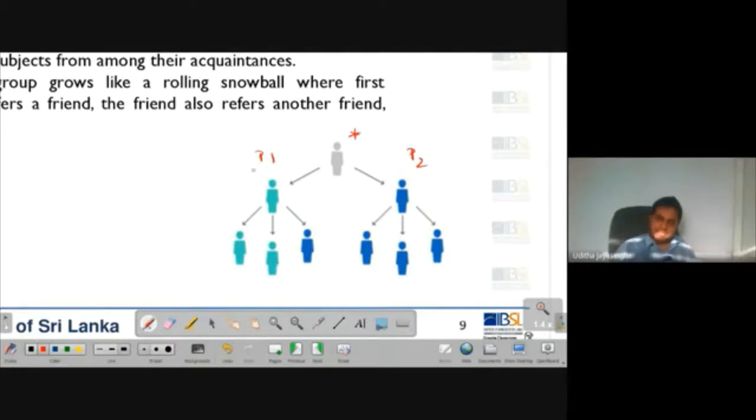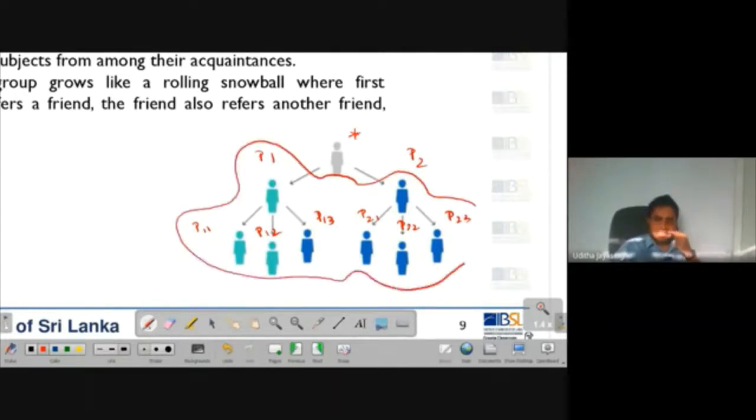Then P1 gives it to three more people, P11, P12, P13. Similarly, P2 does the same thing, P21, P22, P23. Now, these are all going to create a giant snowball.